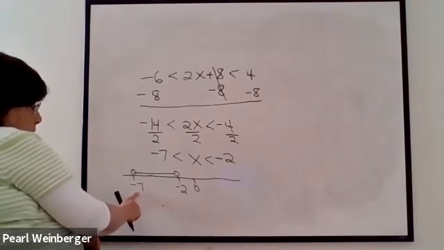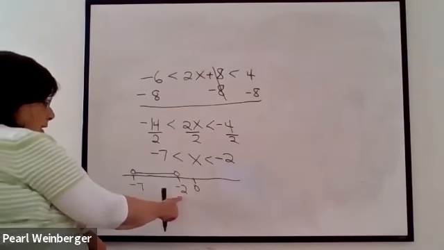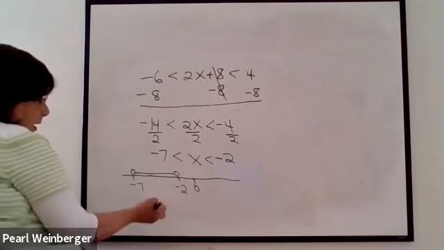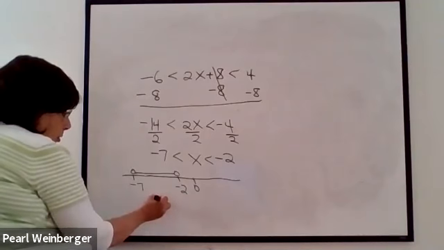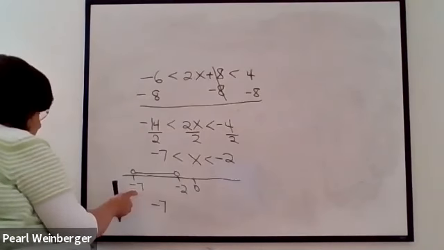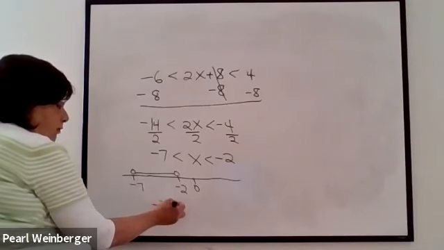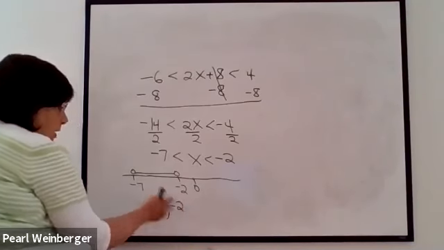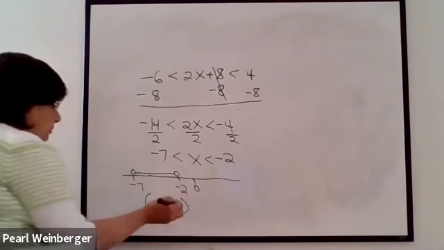It's the section between -7 and -2, which means in interval notation, the start of your interval is -7, that's on the left. The end of the interval is -2. And since these were both open circles, these are both going to be parentheses.